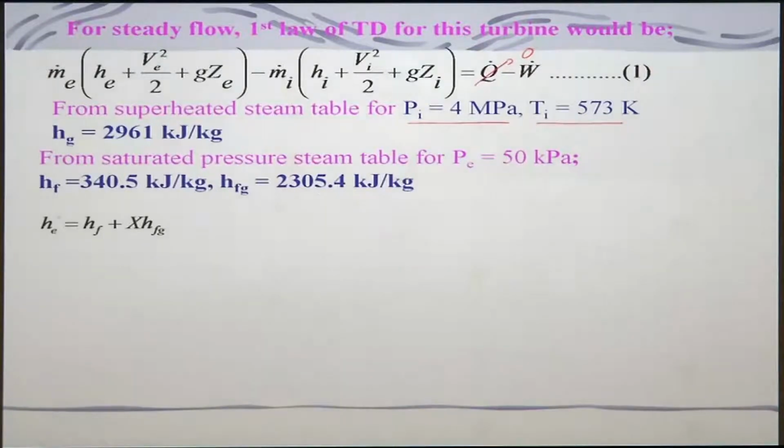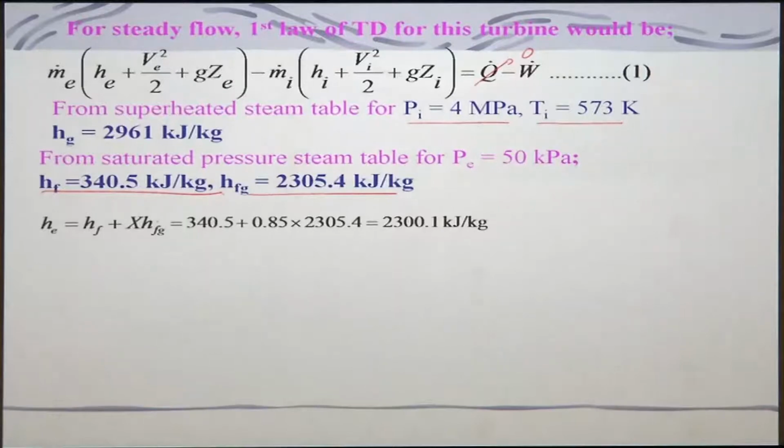So we can evaluate the enthalpy at the exit, that is hf plus x, the quality, into hfg, and if you substitute those values, we get something like 2300.1 kilojoule per kg. Keep in mind that this enthalpy he is between hf and hfg because the quality is 0.85. That cross check one has to do while solving a problem, since sometimes you may make a mistake.